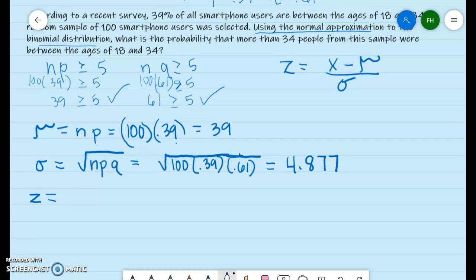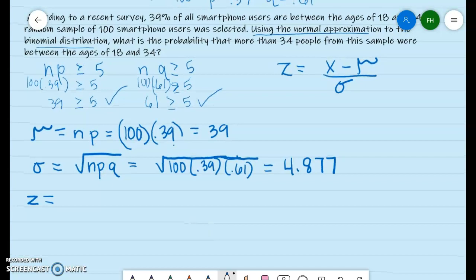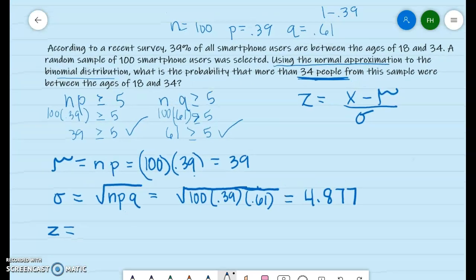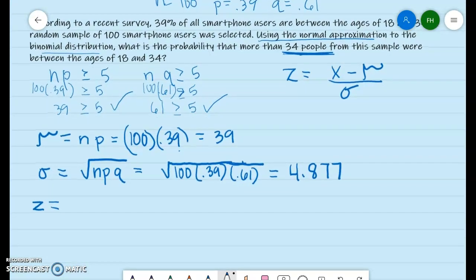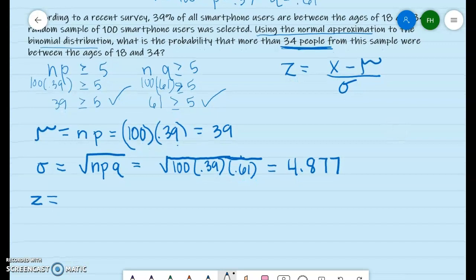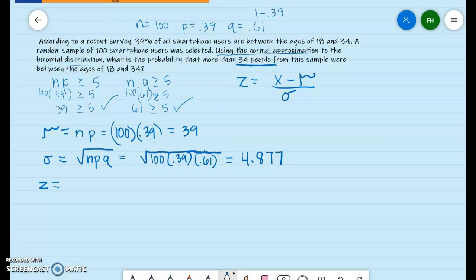And we're trying to find the probability that more than 34 people from this sample were between the ages of 18 and 34. Now, here's where it's a little bit different because we are approximating the binomial using the normal. So the difference here is we're going to have to use what's called a continuity correction factor. So I want to do a visual here. We know that the mean we found was 39.